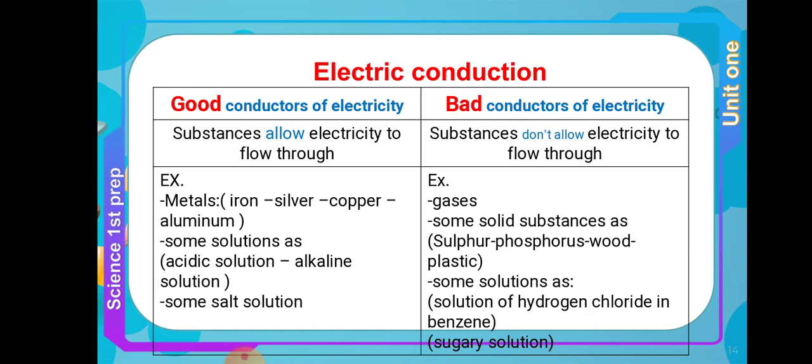Let's take examples of bad conductors. Bad conductors such as gases. Air is a bad conductor, for example. And there are solid substances which are bad conductors such as sulfur, phosphorus, wood, and plastic. There are some solutions which are bad conductors such as a solution of hydrogen chloride and benzene, and sugary solution is also a bad conductor.